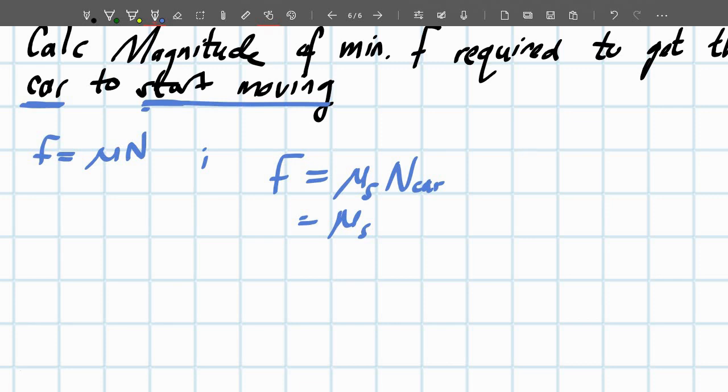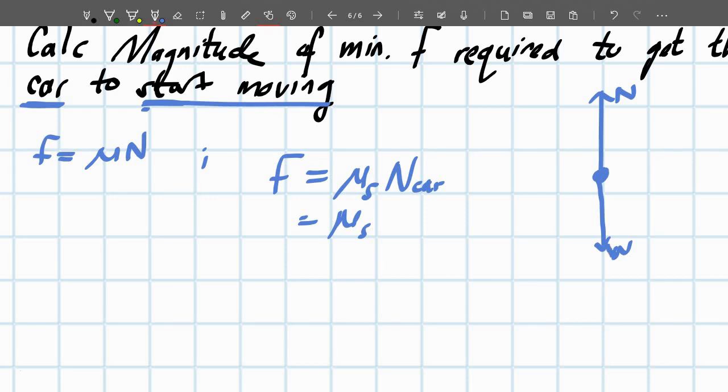Let's draw a diagram to make this a bit easier. The normal will be equal to the weight in this case. The normal is the force applied by a surface on the object, and this will be equal to the weight in most cases, when there's no inclined plane. When there's an inclined plane, the normal will be equal to the perpendicular component of the weight.